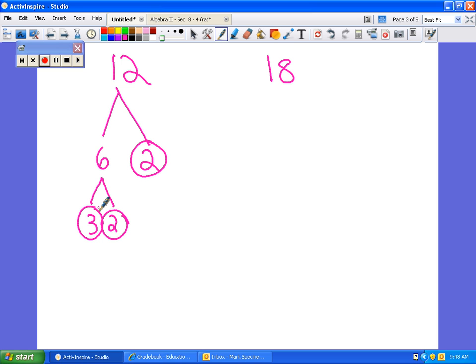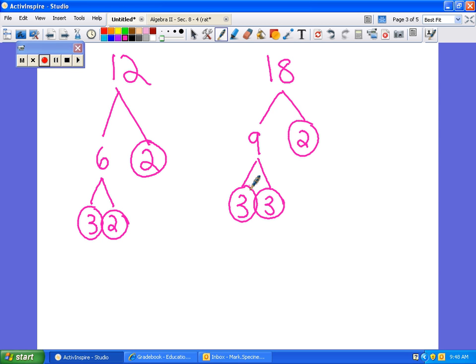Okay, factors of 18, please. 9 and 2. Again, 2 is the prime number. Factors of 3. 3 and 3. See how easy that was?